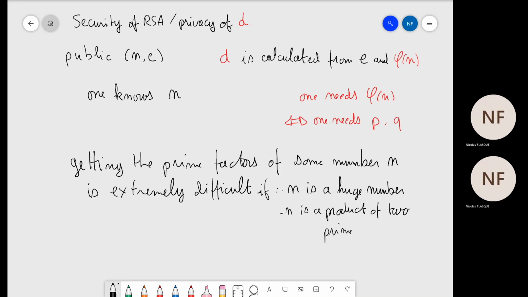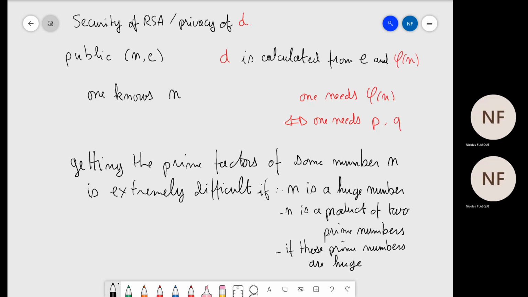The more factors you have, the easier it is to try to find them. Here we want the prime factors to be extremely difficult to get. So N is a huge number, N is a product of two prime numbers, and those prime numbers are also huge.